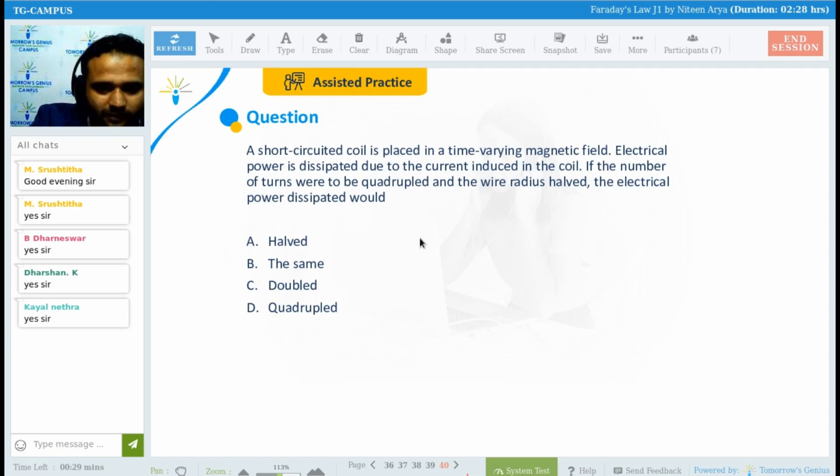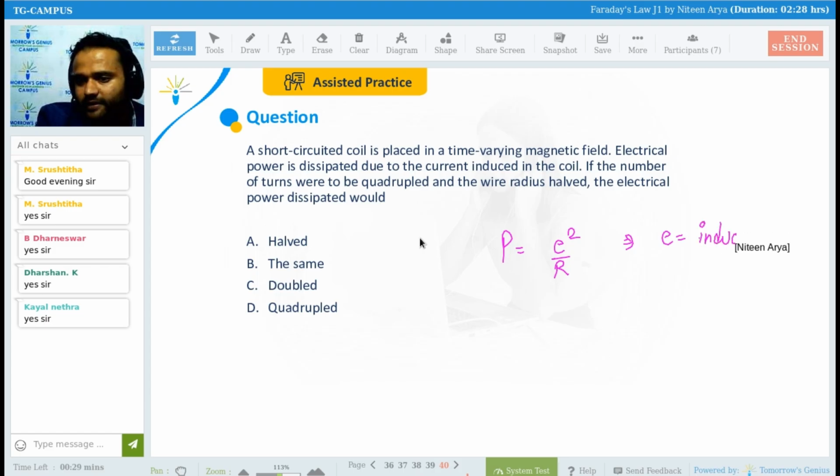Flux is related with area. So area is related with what, beta? Radius. Yeah. So if you reduce radius, how much is it going to be? I'll give you one hint: flux gives E, and your power is E square by R. Here we want to find electric power, so the simple hint is power equals E square by R. This E here is the induced EMF.